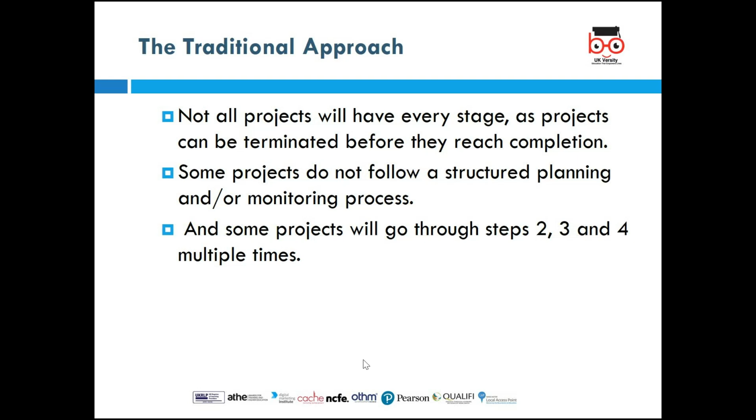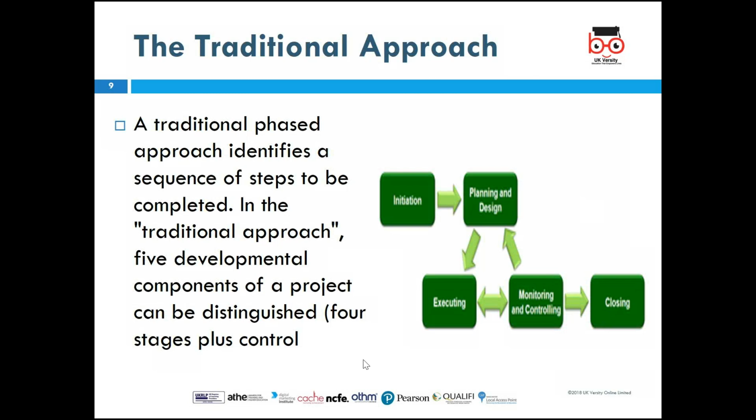So if you look at the diagram in the previous slide, you have the initiation, planning and design, you go to the execution, you come to the monitoring and control. If it's not going well, go back to the planning and design phase, come down to executing, monitoring and controlling. If it's not working, go back to the planning and design.